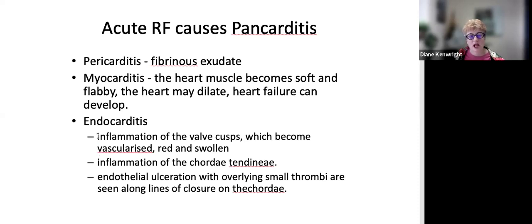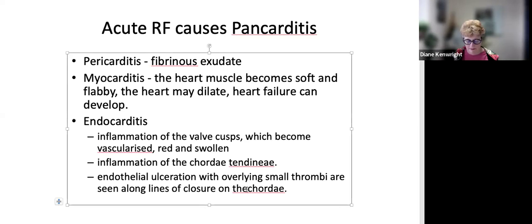And the endocarditis, which is the bit that affects the valves, leads to these little tiny nodules on the valve edge, and the valves become swollen, red, inflamed, and that leads to fibrosis.